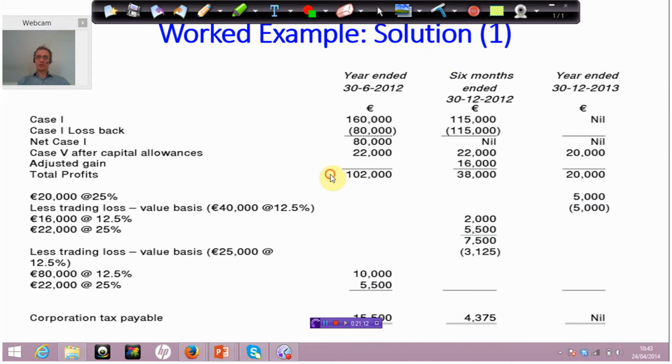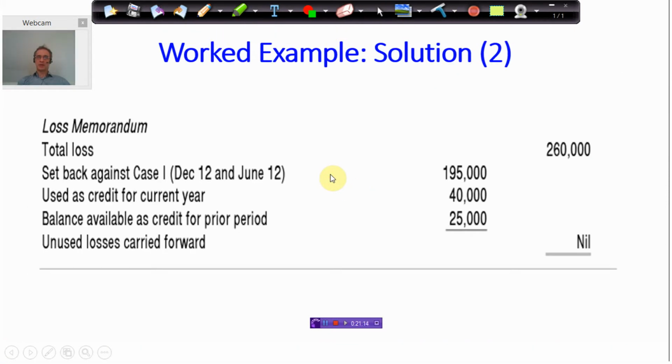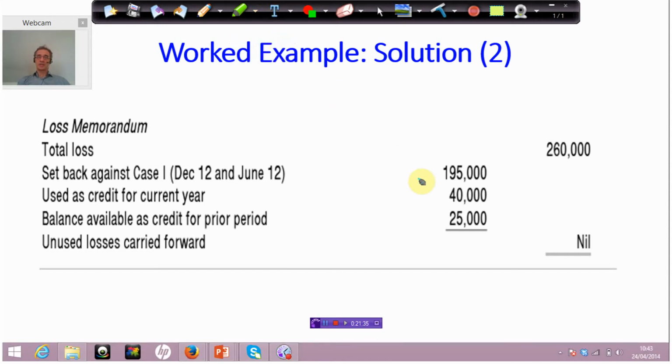I'll just show you briefly the loss memorandum here. You'll see that we started off with 260. We needed to set back for 12 months, and in this case that meant overlapping, because the immediately preceding period was 6 months, so we had to go back a further 6 months. Over and above that, we utilized this credit against the current year's income of 40, so we had to use 40 to offset that £5,000, you remember.